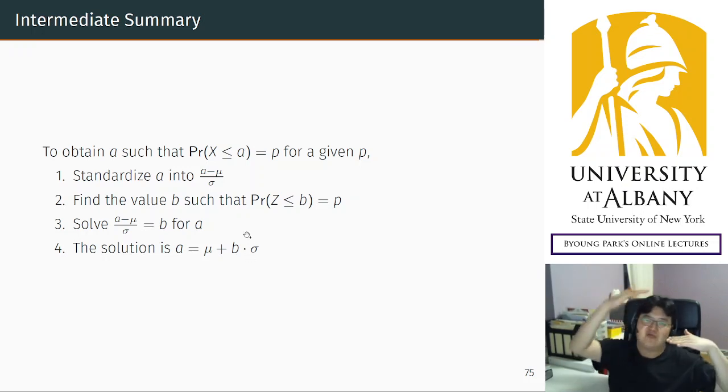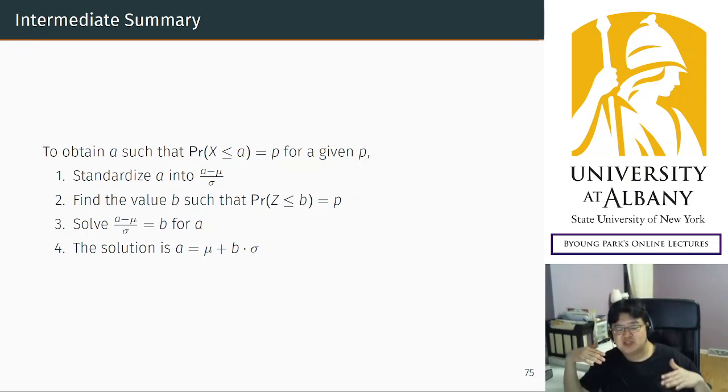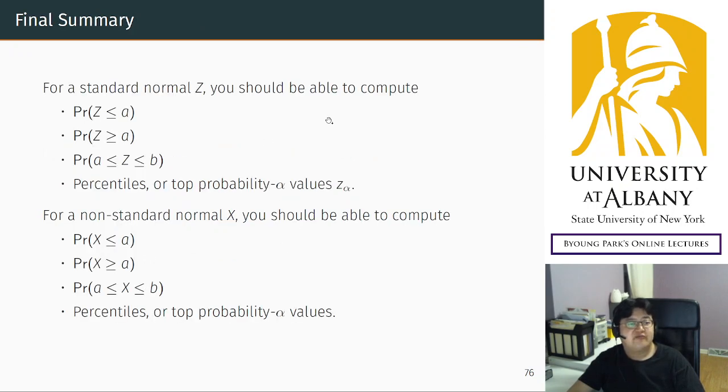So you have to think of it that way. Standardization means from the mean, how far is the observation in the units of standard deviation. So that's what you can find here. And final summary, we have learned how to calculate these guys for any non-standard normal distribution.